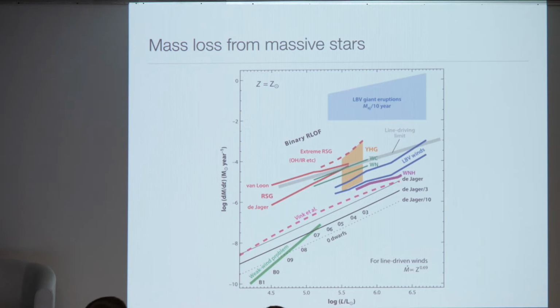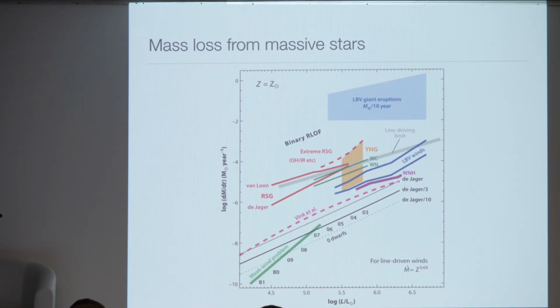And this is a kind of summary of the mass loss rate. This is the luminosity of a star, and this is the mass loss rate we observe, and there are some theories too, for the expected mass loss rate.